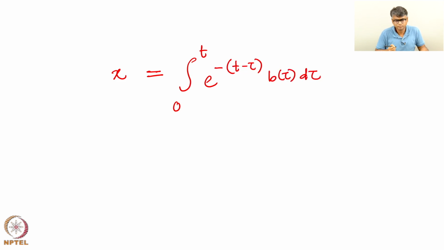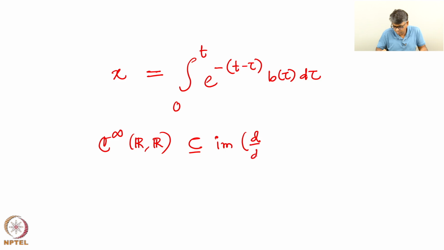That's it. That's one particular solution. There will be infinitely many other solutions if you add the homogeneous solutions to it, but at least one solution exists, which means all of C infinity is actually contained in the image of the operator d/dt plus 1. In fact, they are equal. It's kind of surprising, isn't it?